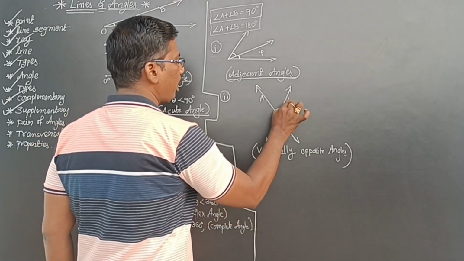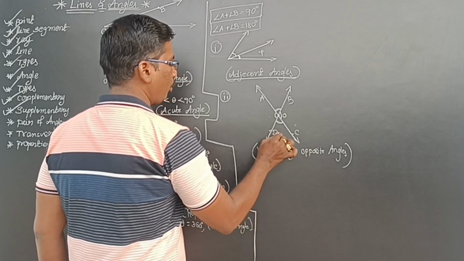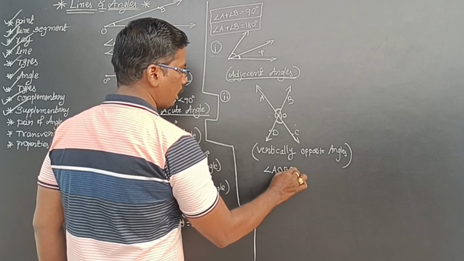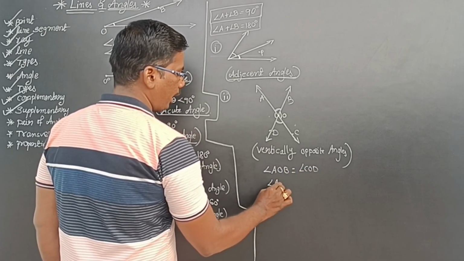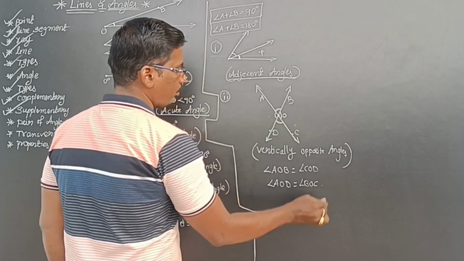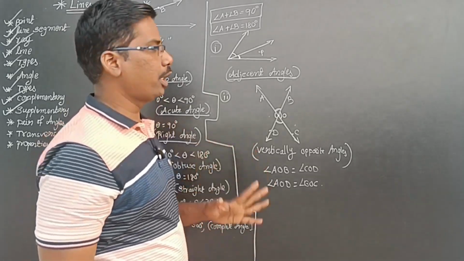If you name the points A, B, O, C, D, then angle AOB is equal to angle COD, and in the same way angle AOD is equal to angle BOC. Next.